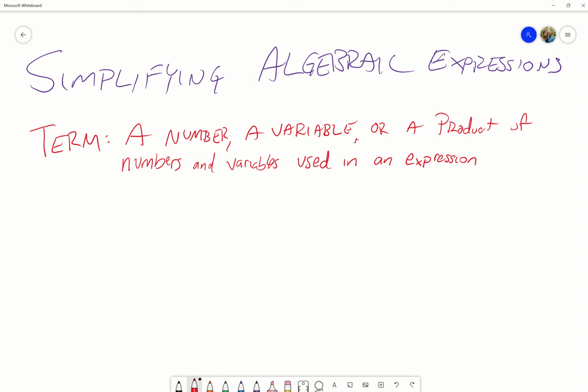So a term is either a number, a variable, or a product of a number and a variable used in an expression.